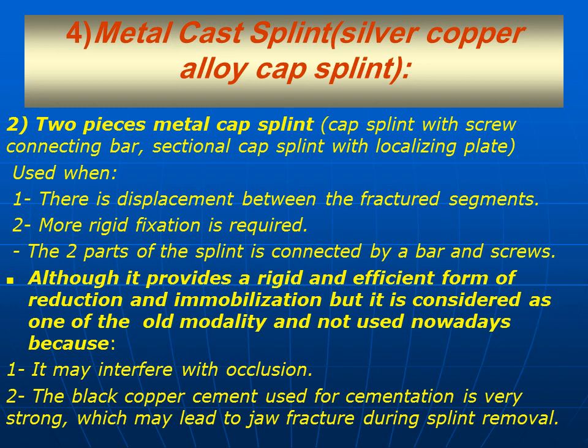What is the idea of the bar and the screws? The bar and screws will help the reassembling of the two parts when I have severe displacement. That's to say, if I have a fracture and the fractured segments are displaced, I will construct one piece of this metal splint on each part.